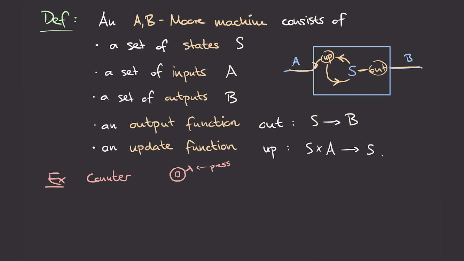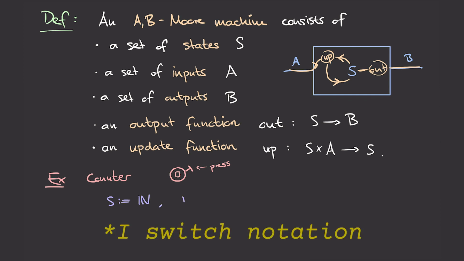Now for simplicity, we'll just assume that this counter has an infinite capacity to count numbers and that the only thing we can do is press this button and it will increase the count by 1. So in this case, our set of states for the counter will be the natural numbers, because we just want to be able to count things.